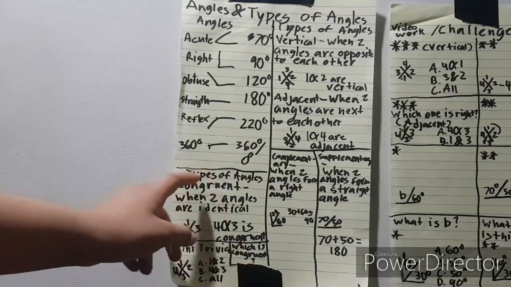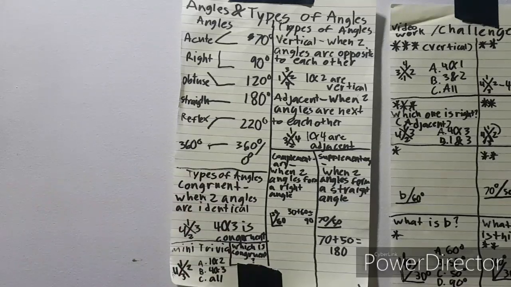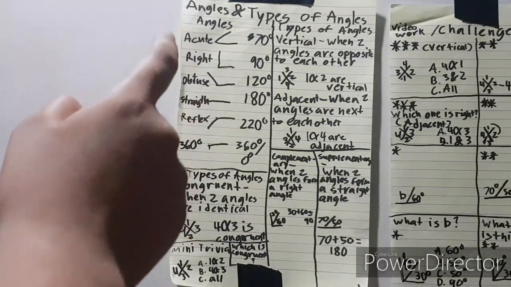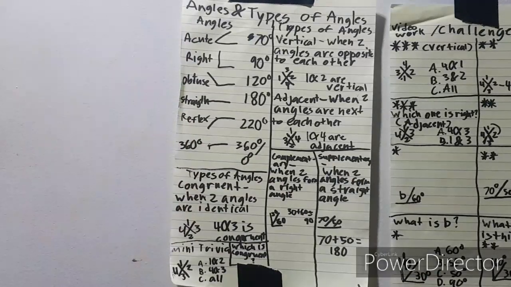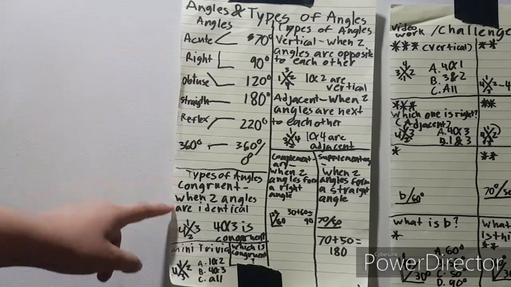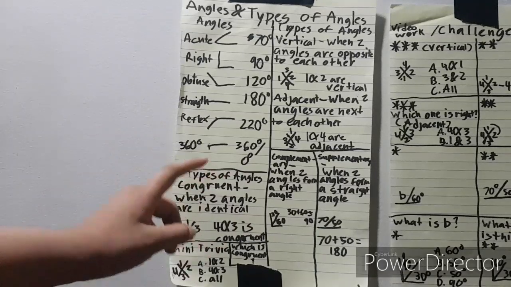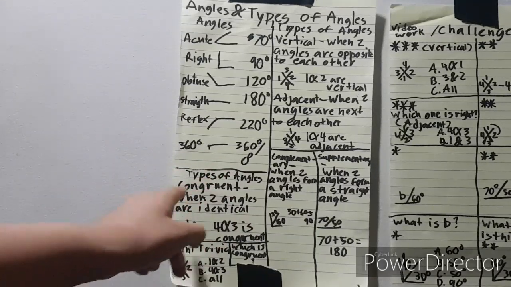For the types of angles, we have congruent, vertical, adjacent, complementary and supplementary. And later, we're going to have a little review with these lessons. For congruent, the meaning of congruent is when two angles are identical.